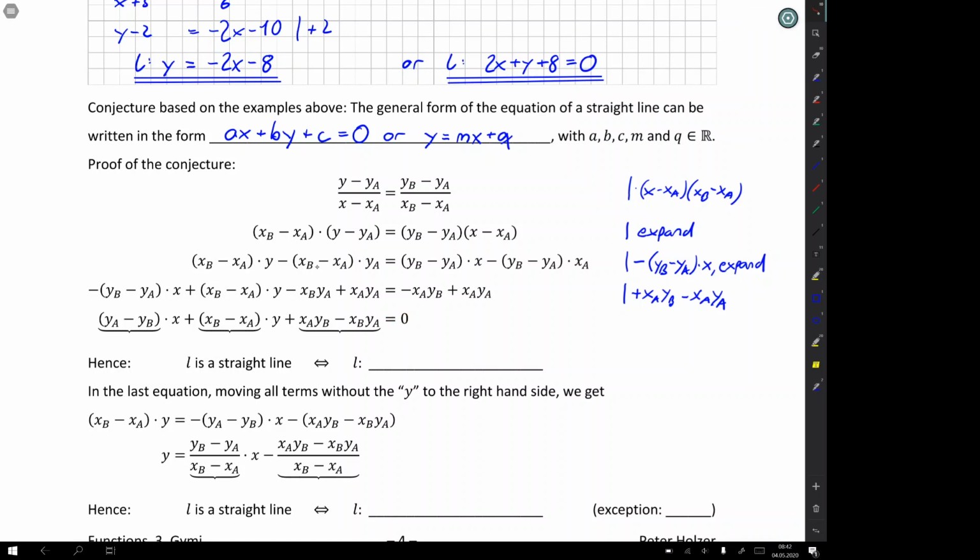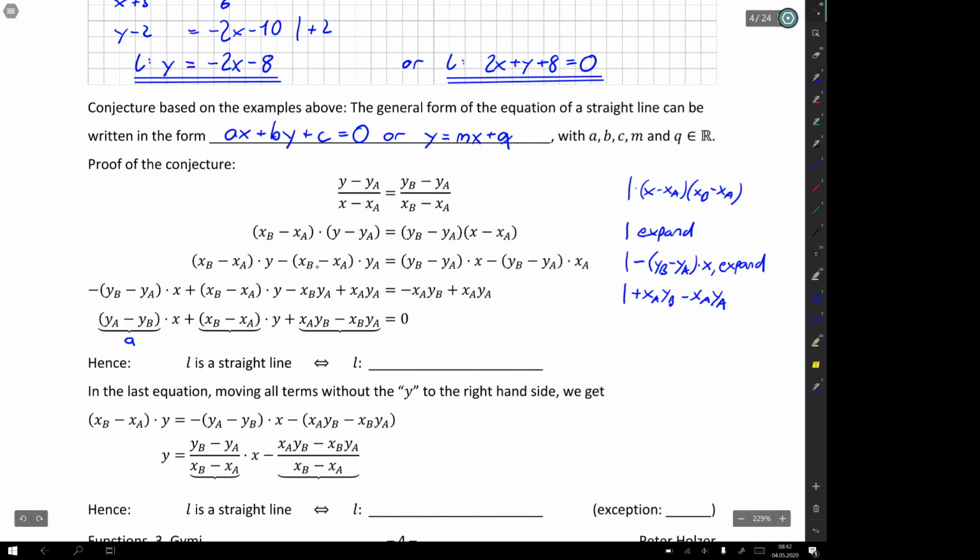The plus xa yb is here, minus xa ya cancels out, so what remains is here xa yb minus xb ya. And this here, ya minus yb, since the 2 points A and B are given, so also ya and yb are just numbers. So ya minus yb is just another number, and we call that number A. The same holds for xb minus xa, that are the x coordinates of the 2 given points.